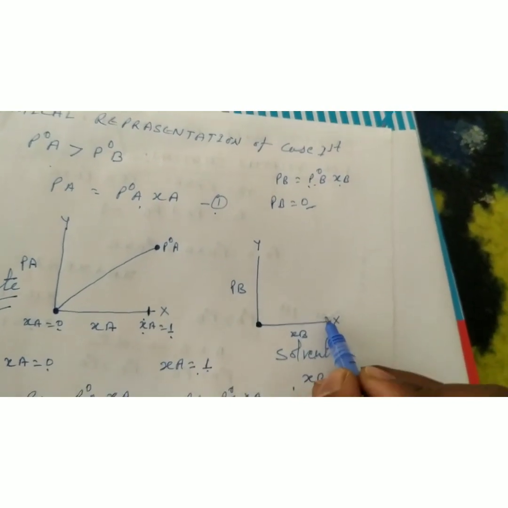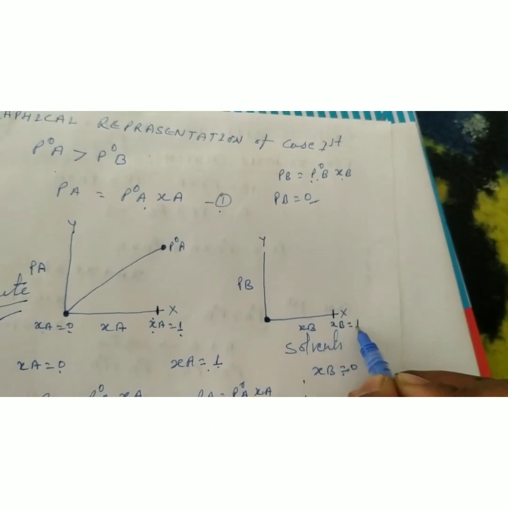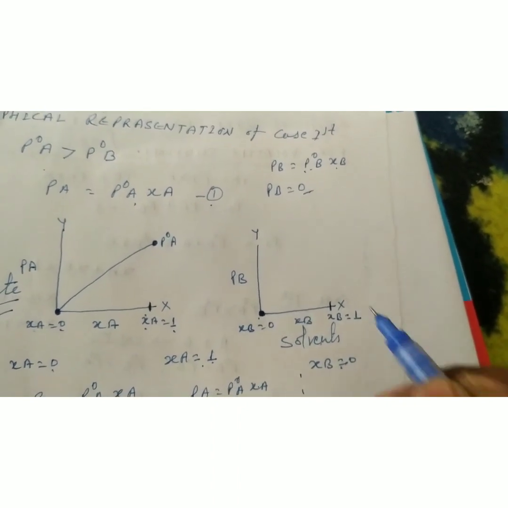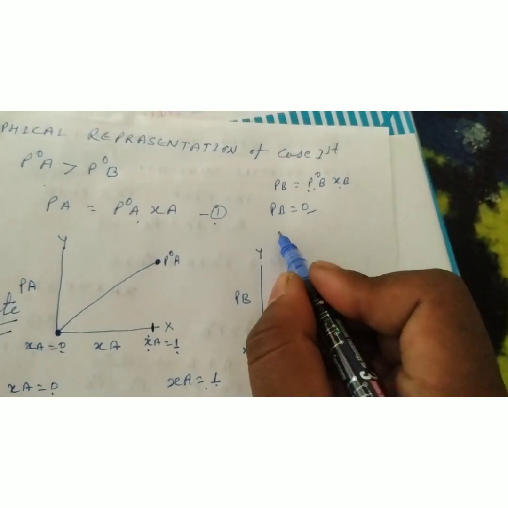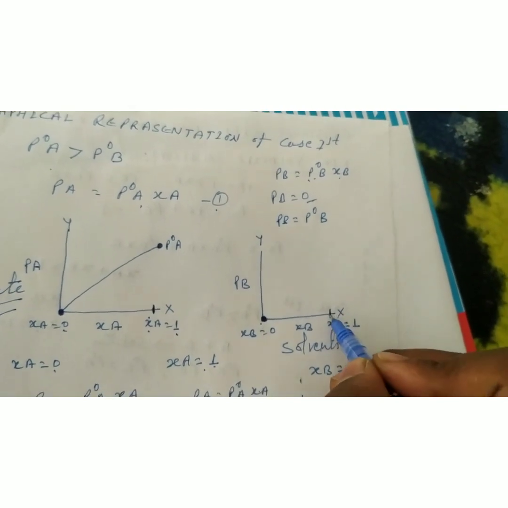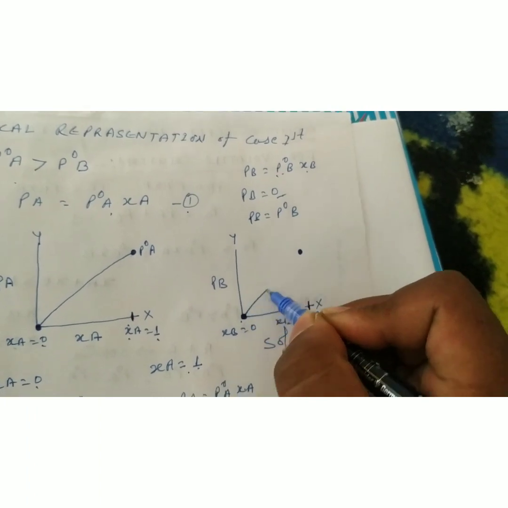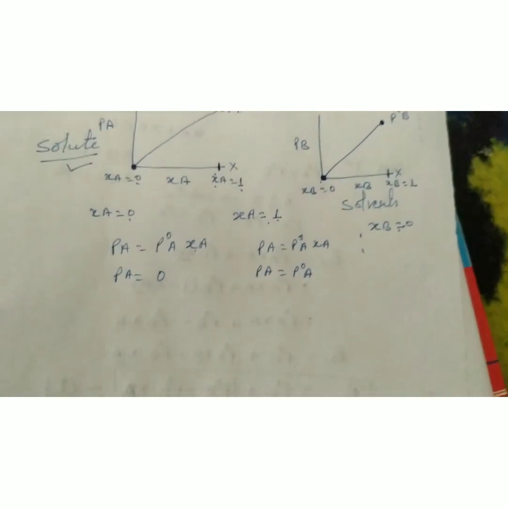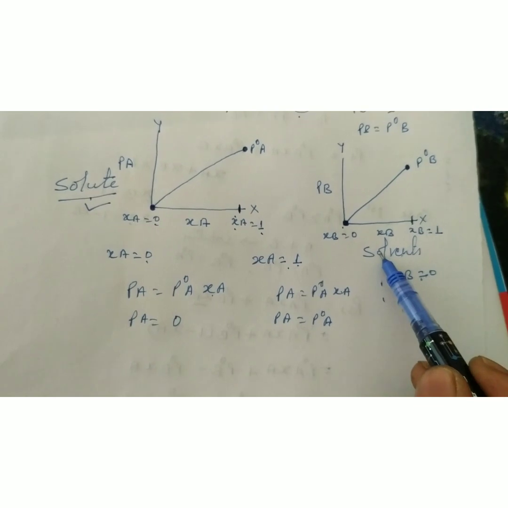So this is the origin point. And suppose this is the point when XB equals 1. Clear? When XB equals 1, the equation becomes PB equals P naught B. Draw the point when XB equals 1, and this is P naught B. This is the graphical representation of solute, and this one is of solvent.